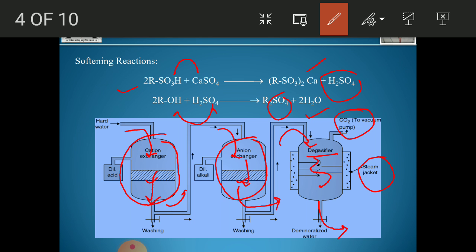Now, what do we have to do? Can we replace this resin? No, it is costly. Therefore, we can regenerate these resins.